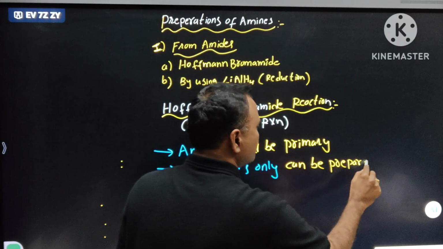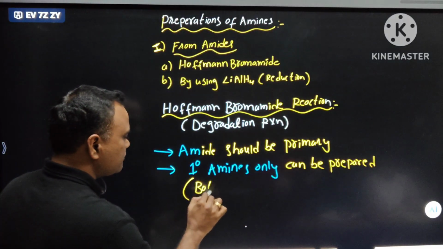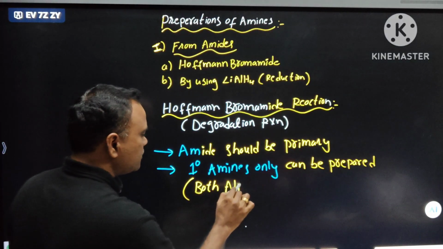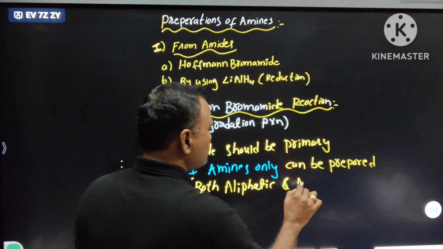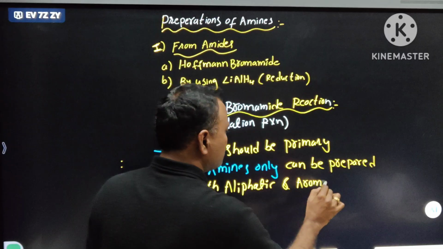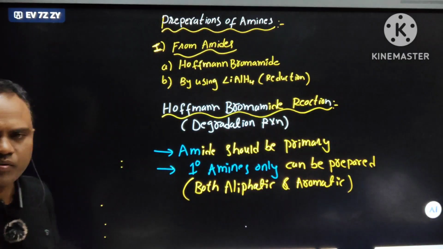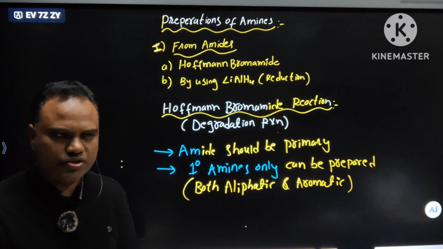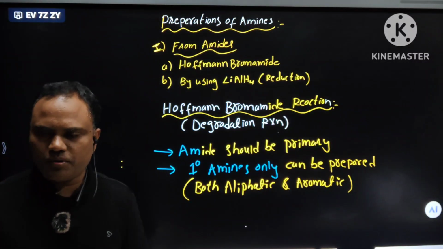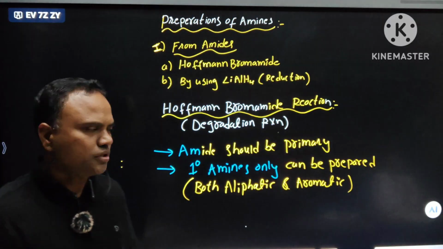Within the bracket, both aliphatic and aromatic. There is no specification. Both types of amines can be produced, aliphatic as well as aromatic. Right?